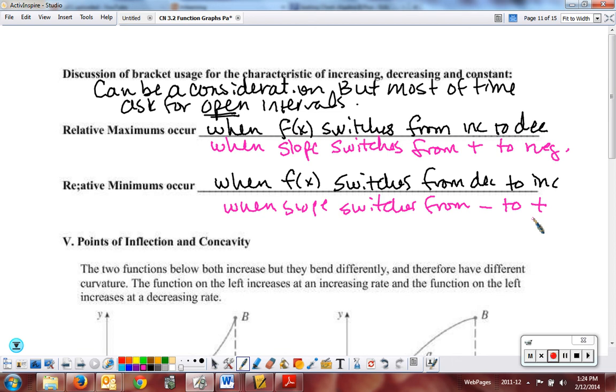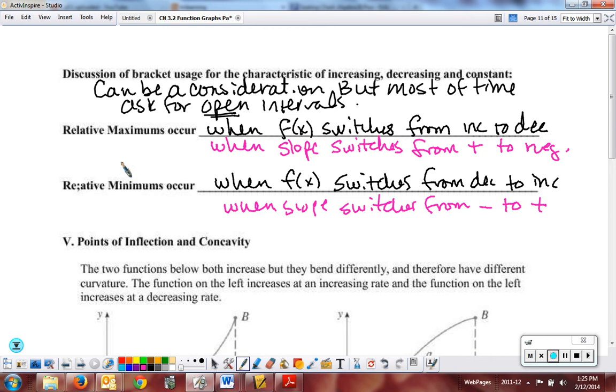It's got to actually be a point. It can be a discontinuity, but it can't be a, what do we call it, domain restriction. Because with a domain restriction, there's actually no point there, right? Either there's a hole with no point, a vertical asymptote, or a gap or something like that. So if you have a discontinuity, it can still be a relative minimum as long as there is actually a point there, okay?